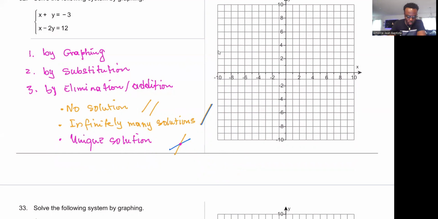So these are the 3 types of solutions that are expected when solving a system of equations in 2 variables.